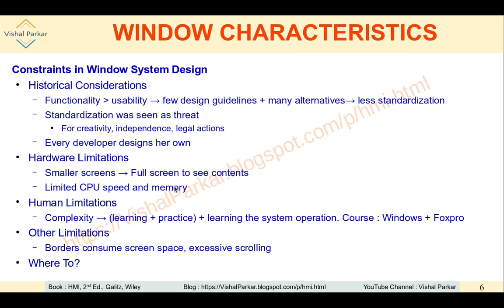If at all you have to simply go to full screen, there is no point using different windows. So smaller screen is one concern. Next, and very important, is the limited CPU speed and memory. The processing power as well as the amount of memory will not allow different animations, for example, or other effects to be implemented in the Windows.